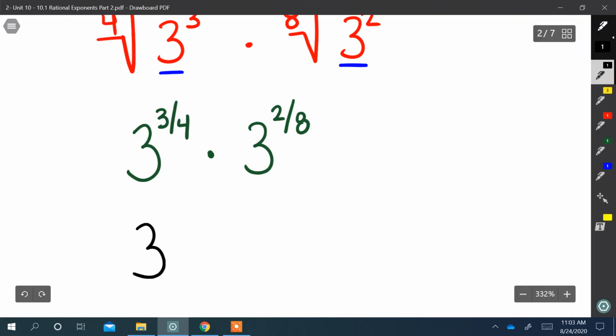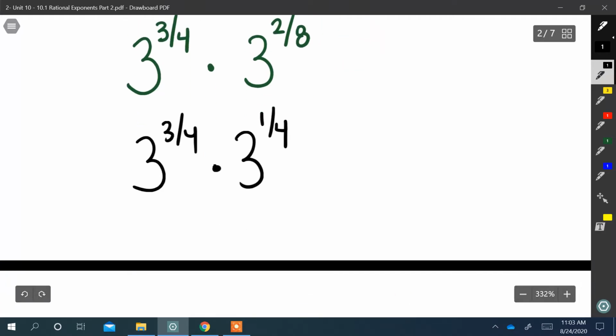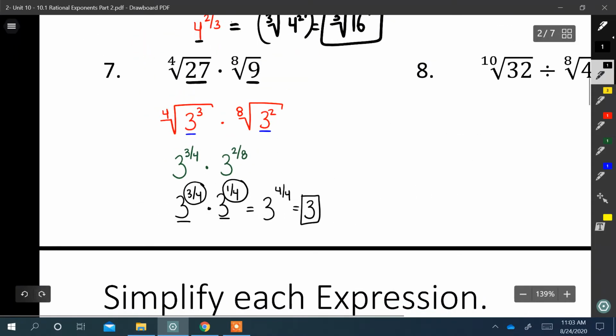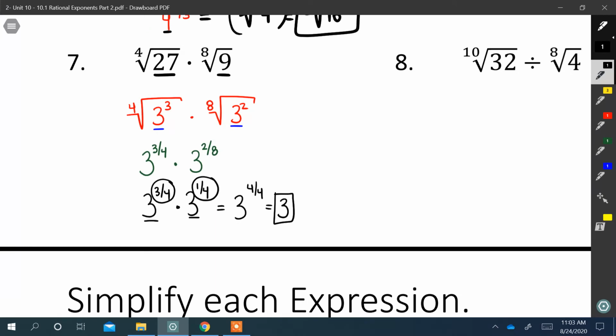Notice that 2 over 8 is the same as 1 over 4. So now, remember, since we have the same base, I'm able to add this one and this one there. So I'll get 3 plus 1 will be 4 over 4. And then we just get 1 there, so we just get 3 as our final answer on that one.